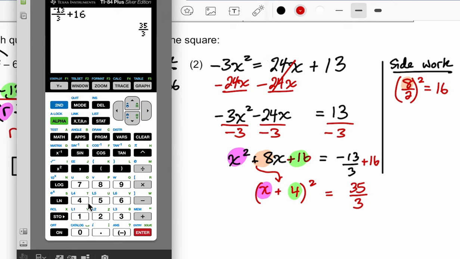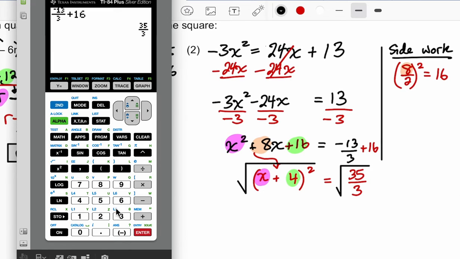Now I want to get x alone, so I'm going to take the square root of both sides. All right. On the left-hand side, it's just x plus 4. On the right-hand side, we're taking the square root. We decided to do that, so we have to throw in the plus or minus.